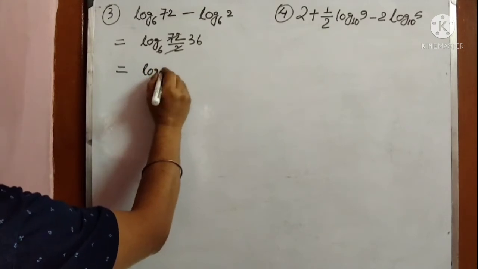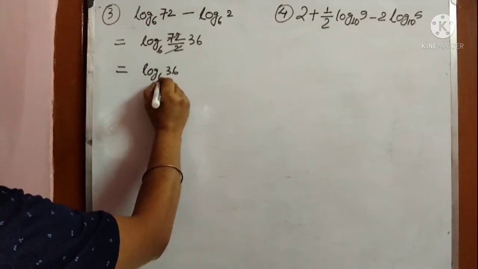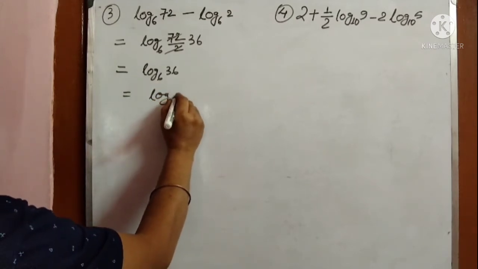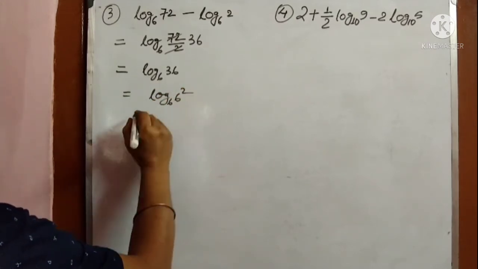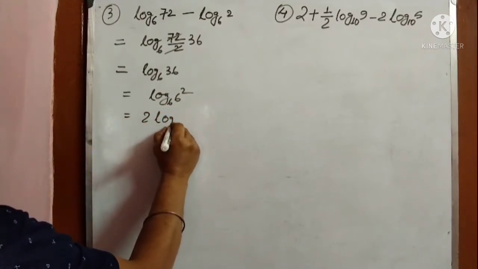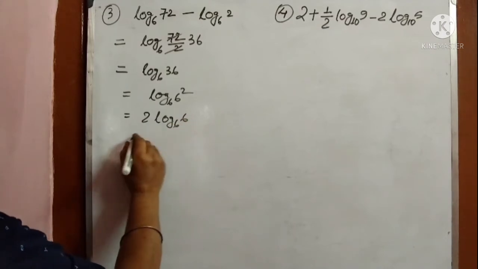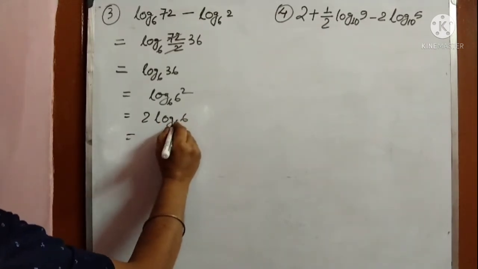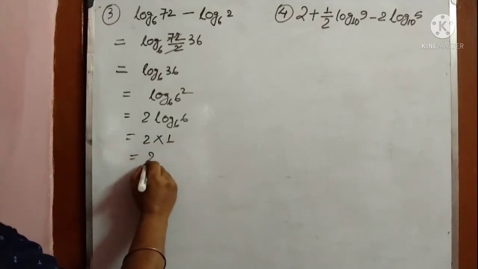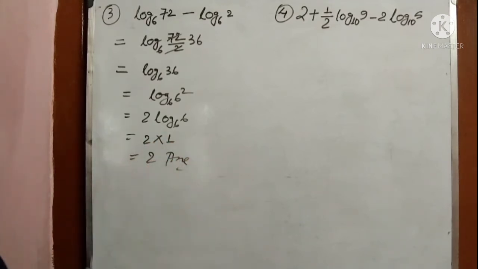So log 36 to the base 6. Now again 36 you can write as 6 square to the base 6. Again the 2 will come over here, log 6 to the base 6. Now this log 6 to the base 6 is how much? 1. So 2 into 1 is equal to 2. So this is your answer.